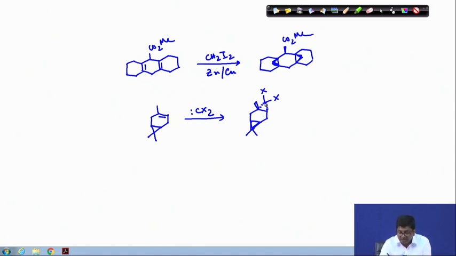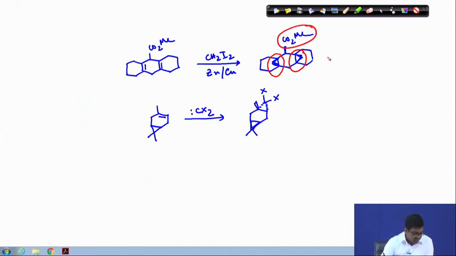If you see here, these two cyclopropane rings are trans, whereas here these two cyclopropane rings, they are syn, but here they are trans, because here the guiding group is this ester group.